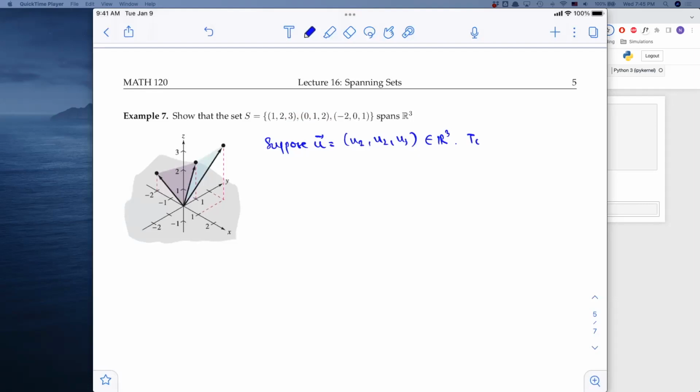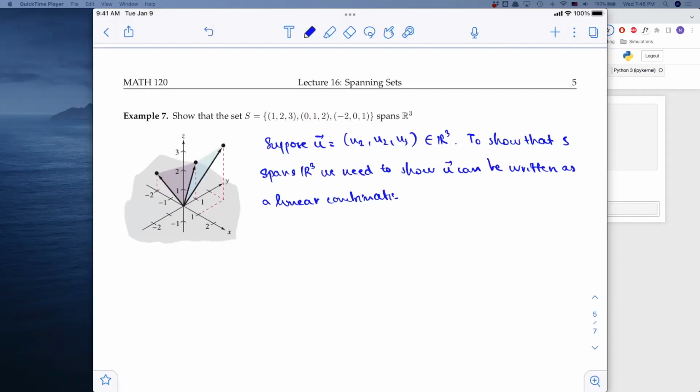To show that S spans R3, we need to show U can be written as a linear combination of, let's say, V1, V2, and V3, vector V1, vector V2, and vector V3 in S. So let me name these vectors V1, V2, and V3.